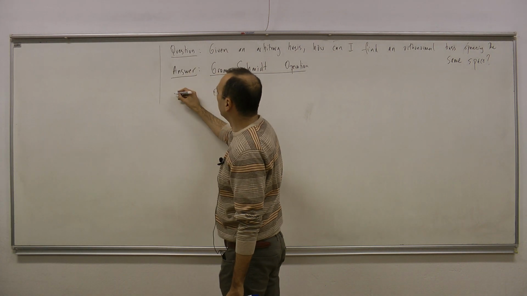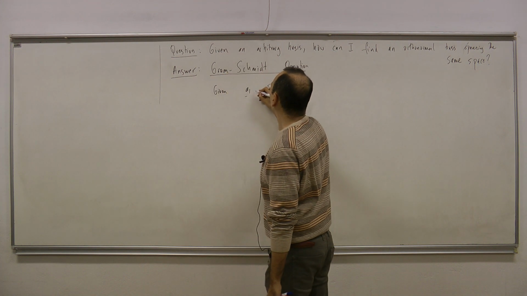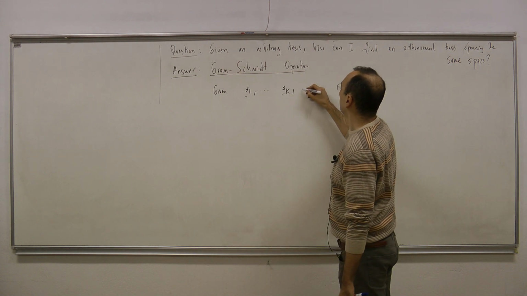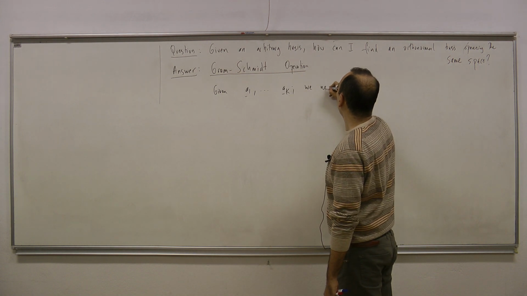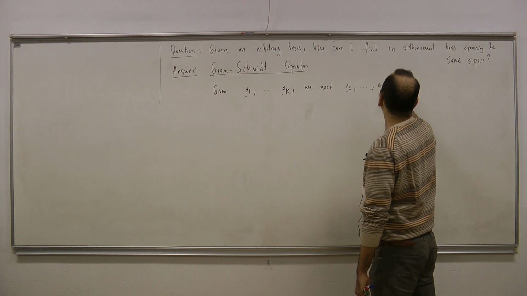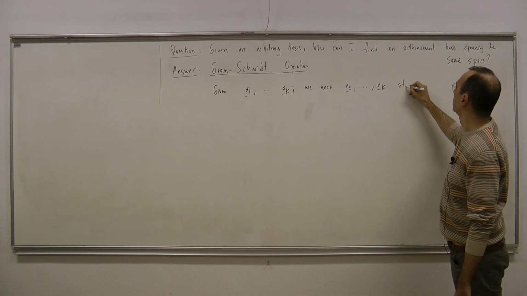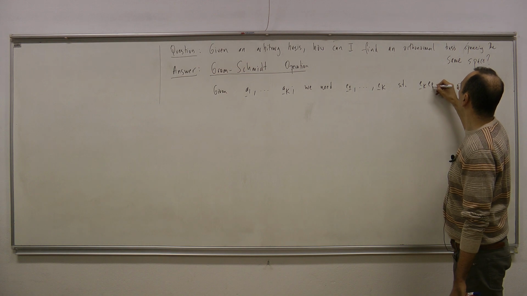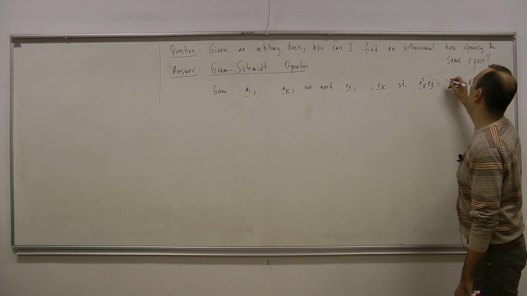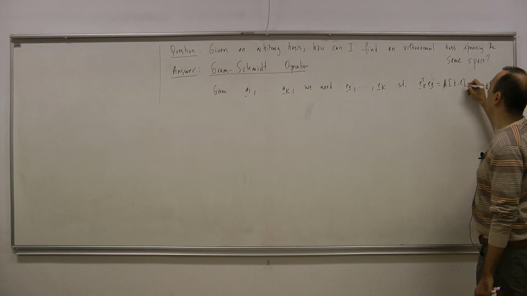So what is the problem? So given A1 up to A capital K, we need, let's say, E1 to EK, such that EK, EL, let's do this for real, is equal to delta K minus L. Okay?